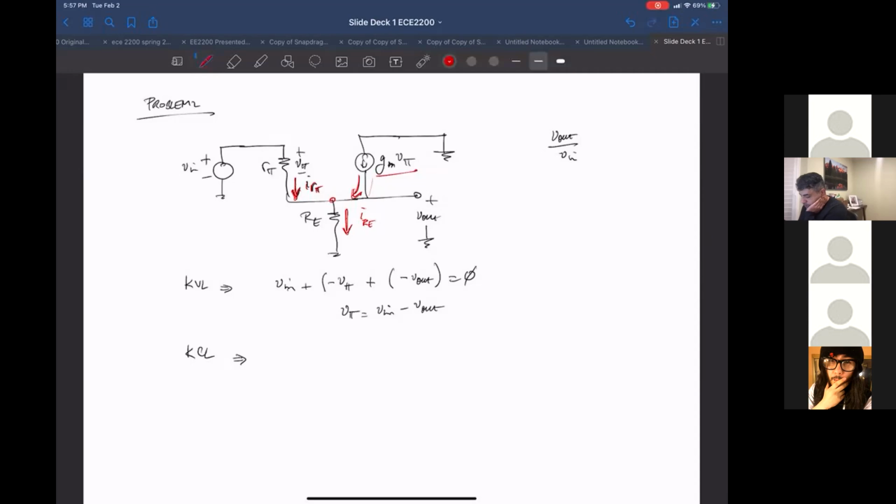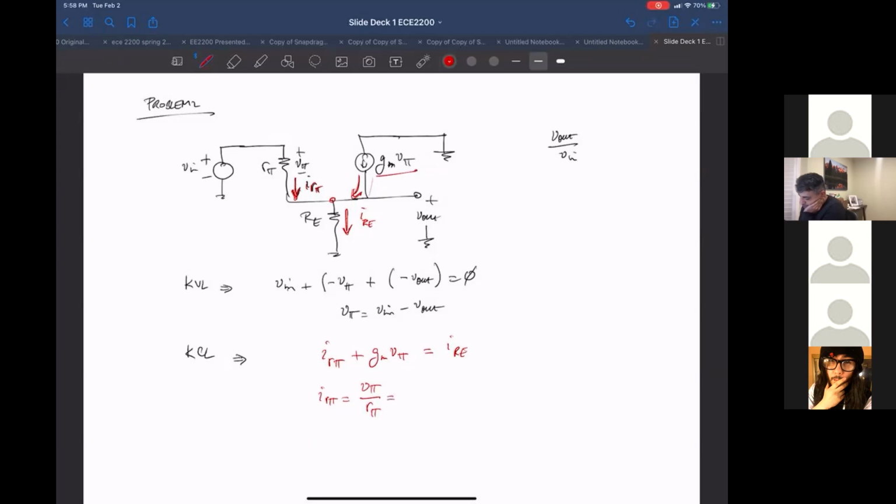Okay, so first, I_Rπ plus g_m v_π is equal to I_RE. Now I_Rπ is v_π over R_π, just a definition of a current: the voltage across the resistor over the resistance.